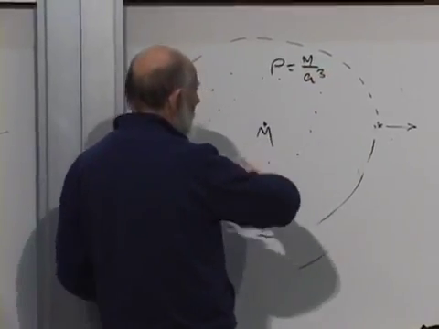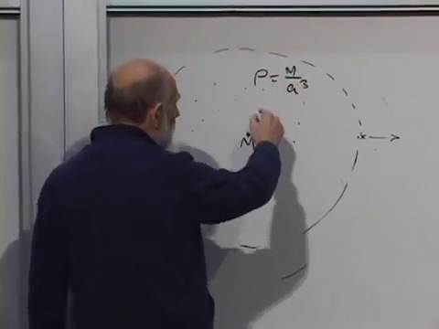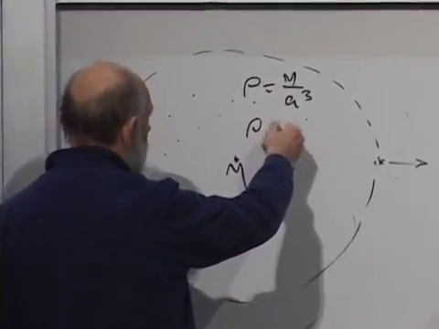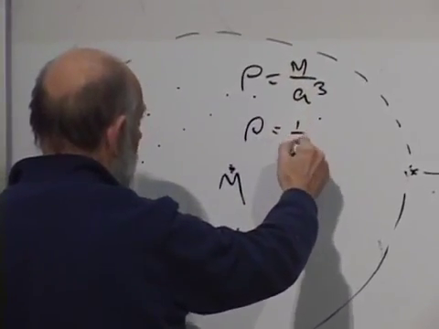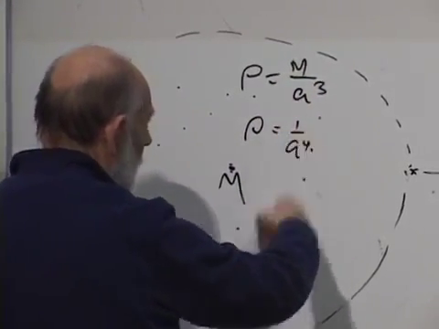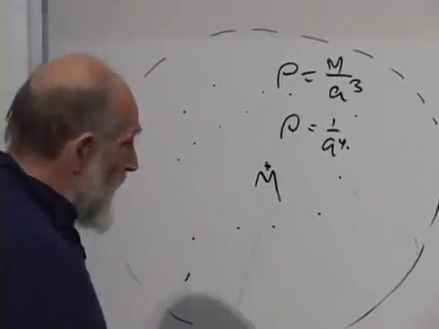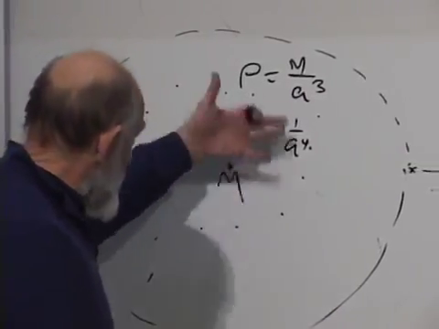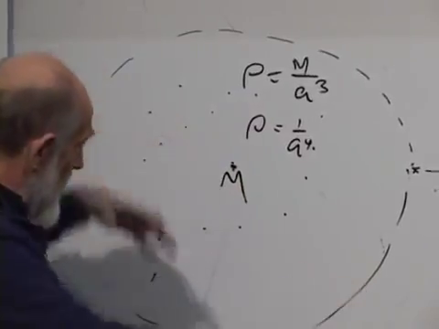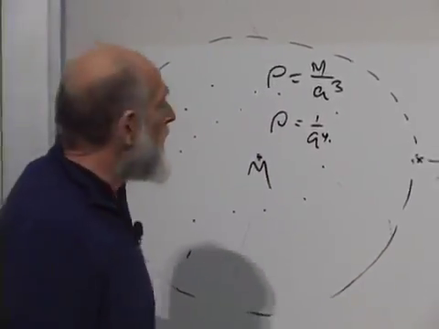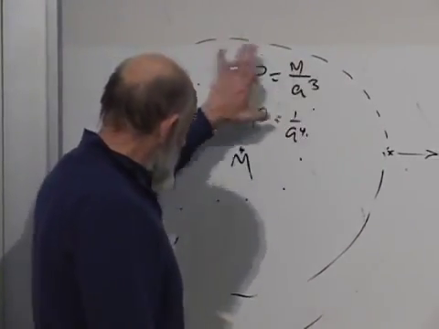There were other possibilities. If it was radiation in here, then the energy density would go as 1 over a to the 4th. And we also talked about vacuum energy. Vacuum energy was a component to energy which didn't change as the sphere changes. But that was the basic setup.